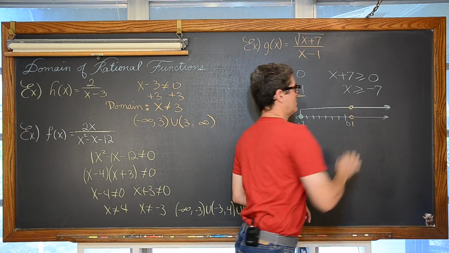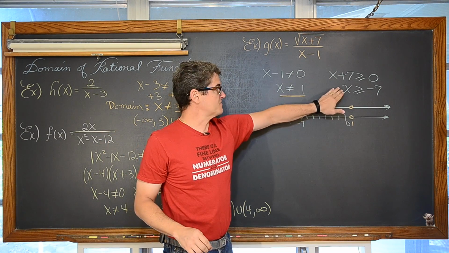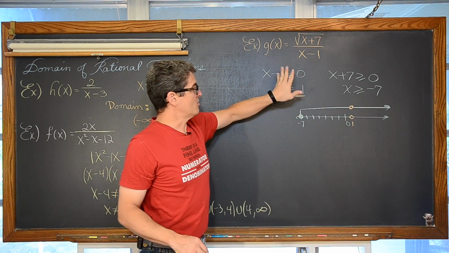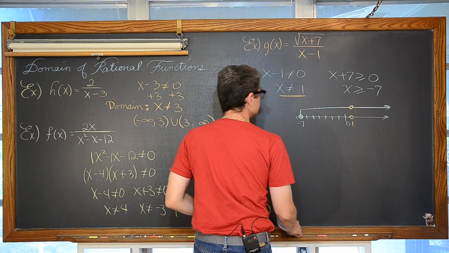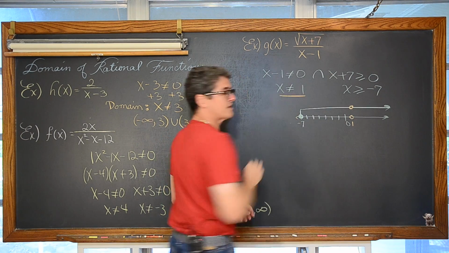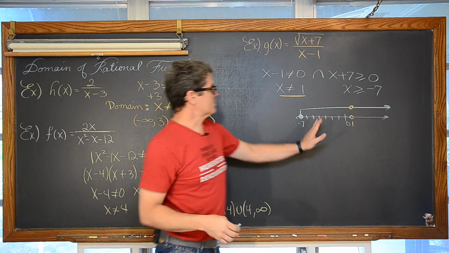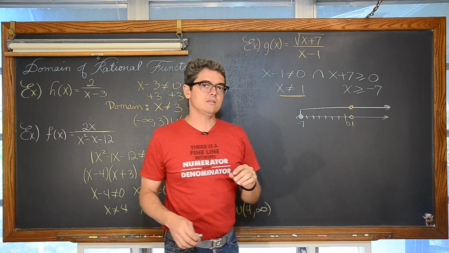I need to come up here and say, you know what? No, we need to eliminate that value of 1 from the values that satisfy this condition. So both of these conditions must pass, and that's the and symbol for your inequality notation. Now, the shading along my number line is satisfying both of these conditions.